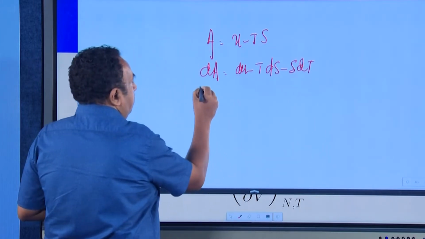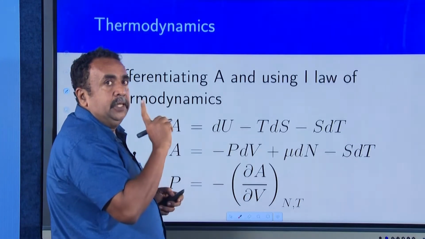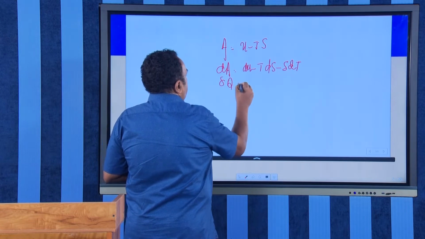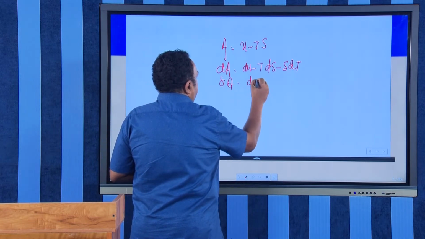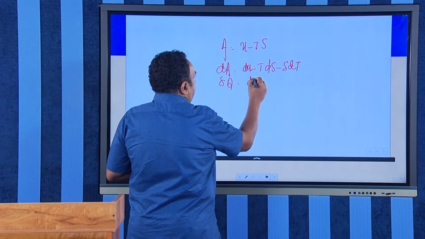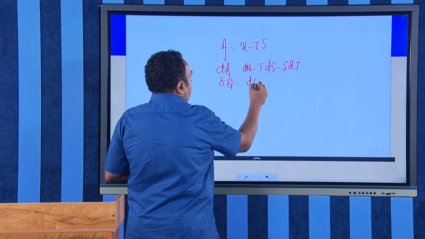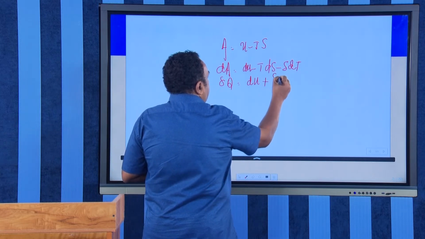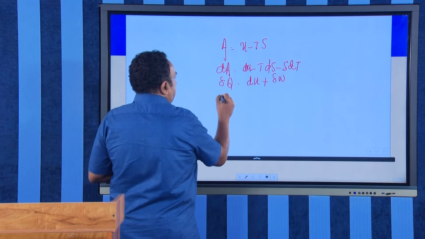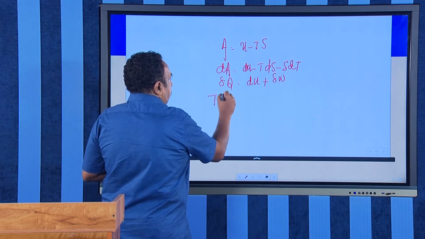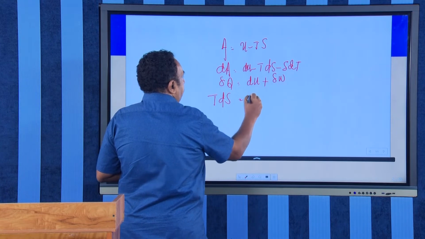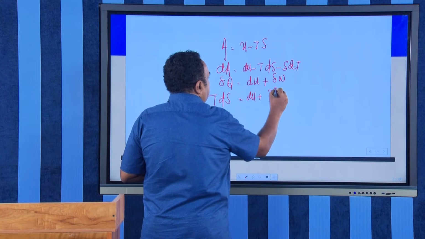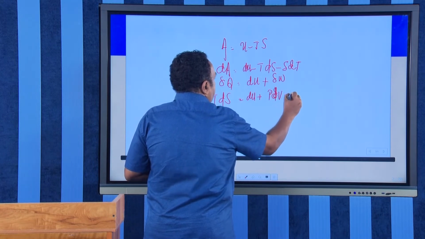Now, the first law of thermodynamics says that delta Q is equal to dU plus delta W. In the earlier case, we used the expression for energy as E, now we will be using U. Delta Q can be changed by the Clausius entropy equation to TdS, equal to dU plus delta W. Delta W can be any type of work, PdV minus mu dN.